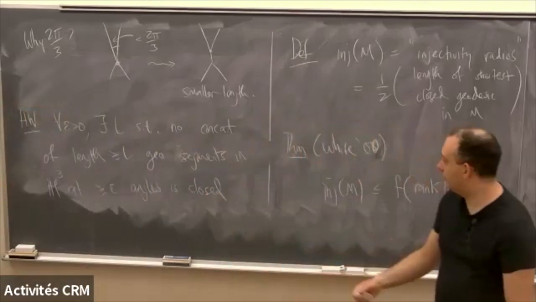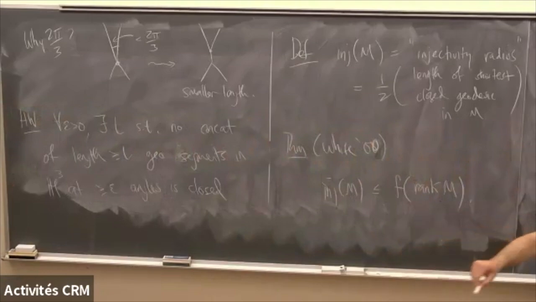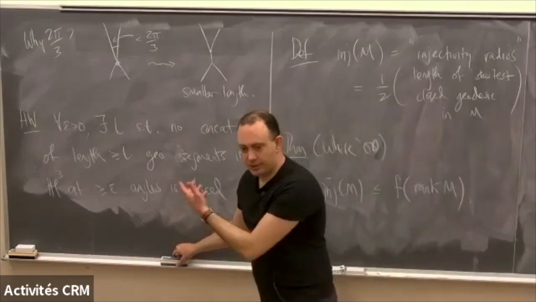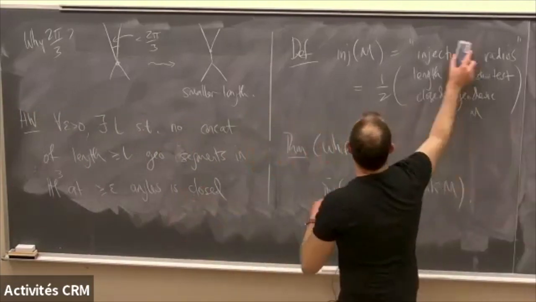So I'm taking super long segments and connecting them together with angles where you're not allowed to basically just backtrack what you did. If you do that, then the expansiveness of hyperbolic space means that you'll never be able to close back to where you started. But it's a nice exercise.